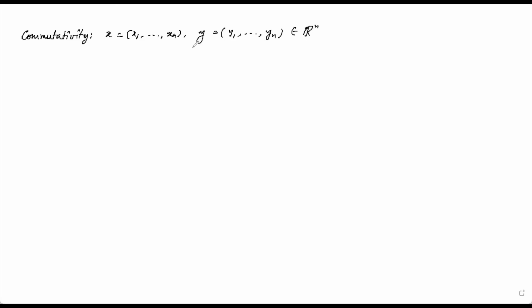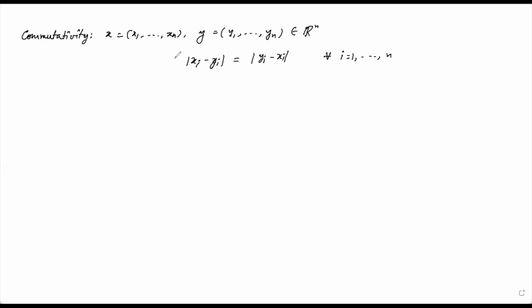For real numbers xi and yi, the absolute value of xi minus yi is the same as the absolute value of yi minus xi, and this is true for all i equal to 1 and so on up to n.